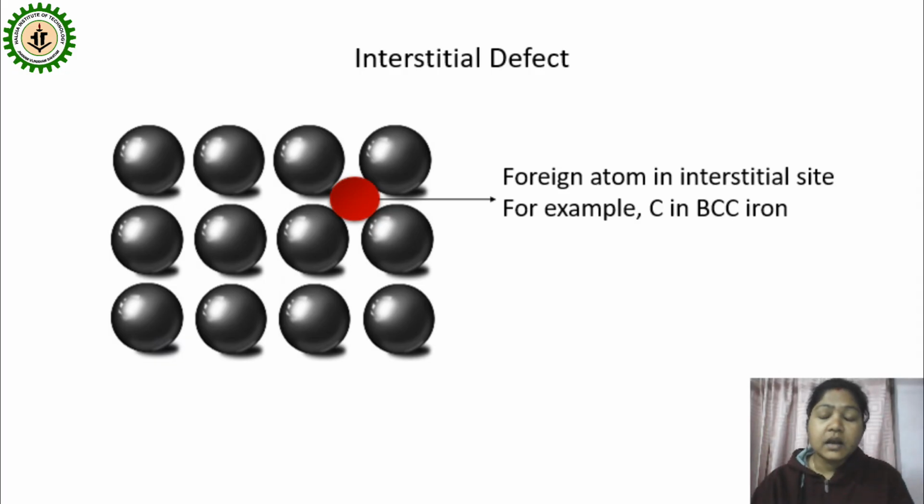Whenever we are talking about the interstitial defect, the impurities should have a much lesser radius than the mother atom, because it is seated on the interstitial void position. Void radius should always be less than the atoms. So the major criterion for this type of defect is that the impurity radius should be much less than the mother atom.